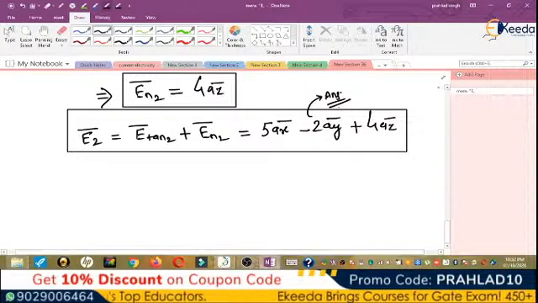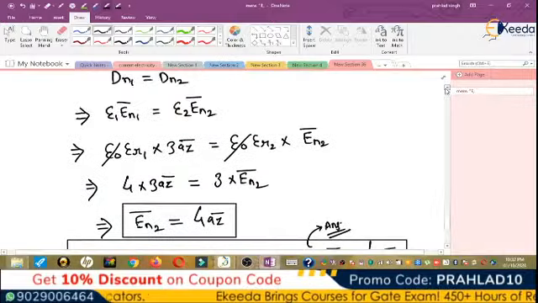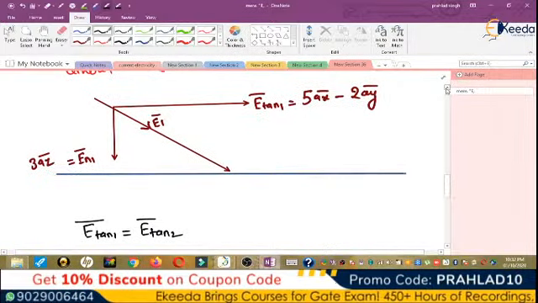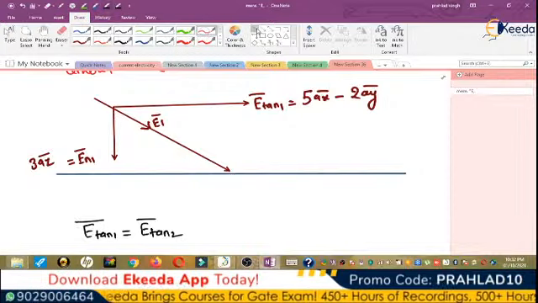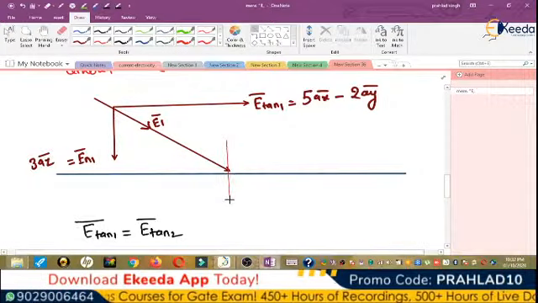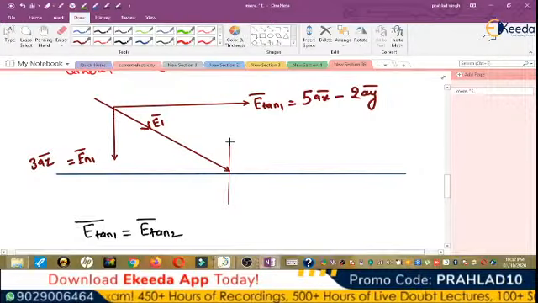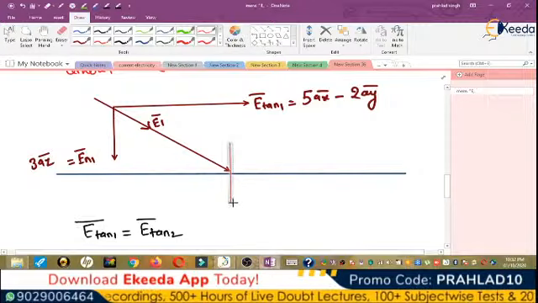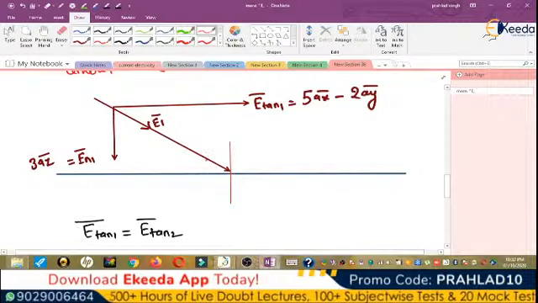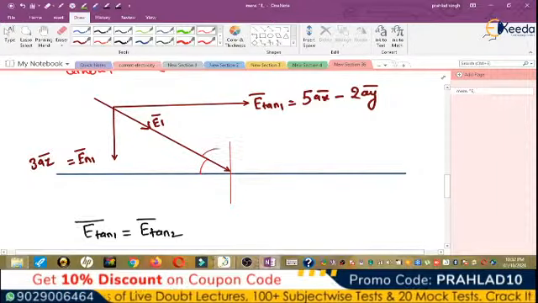Then we have to calculate the angles that E1 and E2 make with the interface. So let me check this diagram once. This is the interface here, and this angle and this angle.